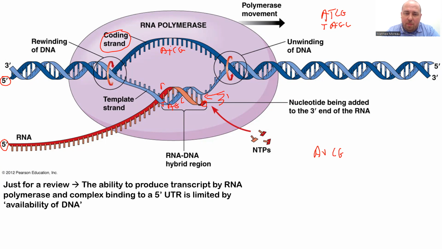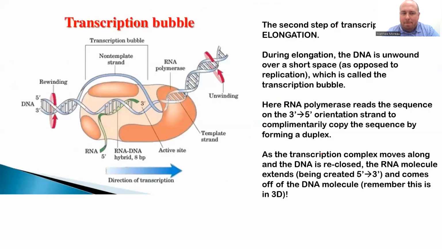So therefore making it A, U, C, and G. And that's what we get, and that's what we want. So RNA polymerase binding, that is going to be our initiation of transcription.